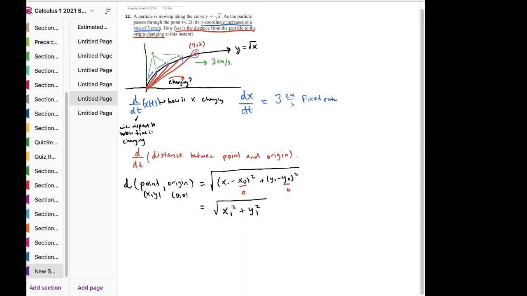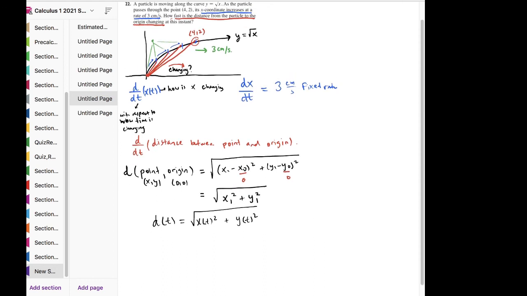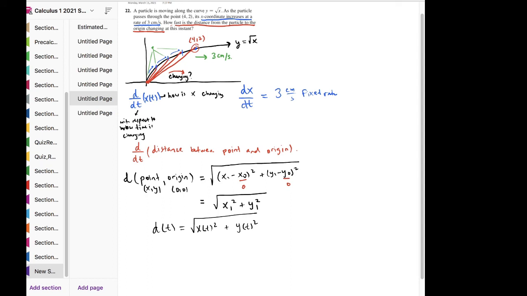Okay, so these are functions, right? So d of t is our function, the square root of x of t squared, which we know something about, plus y of t squared, which maybe you don't know much about. But I think we do. Okay, so let's take the derivative.